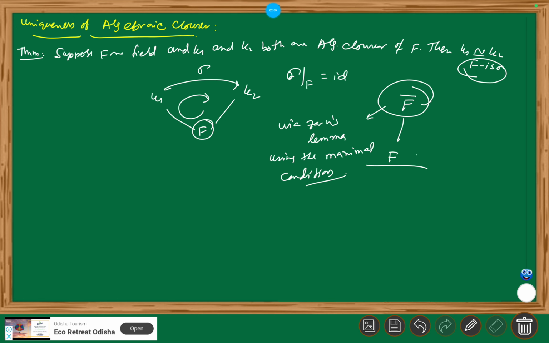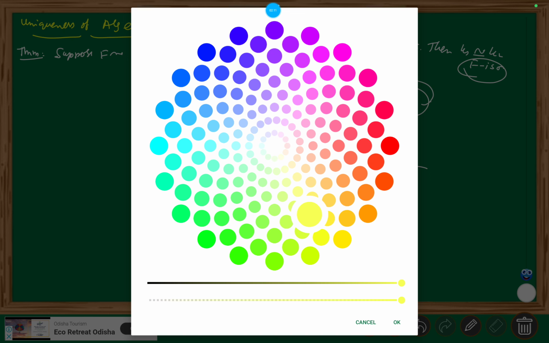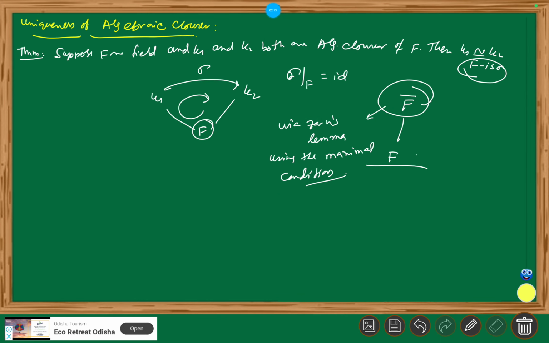Now to prove it, let us first prove a very small helping lemma. The helping lemma says that, for example, consider that F is a field and it has two extensions, one is L and another one is K, where K is an algebraic extension and L is algebraically closed.